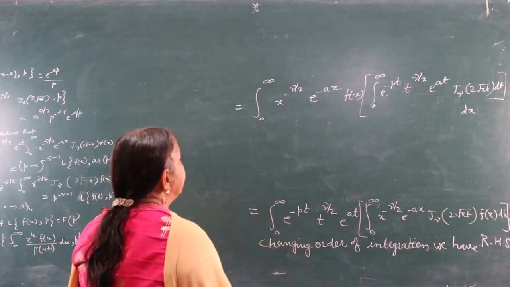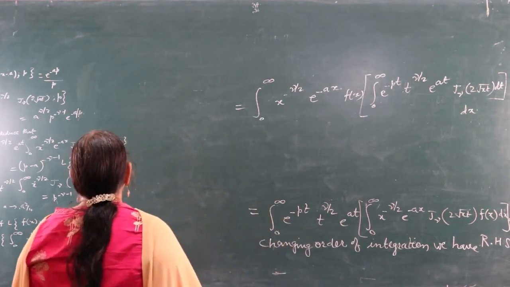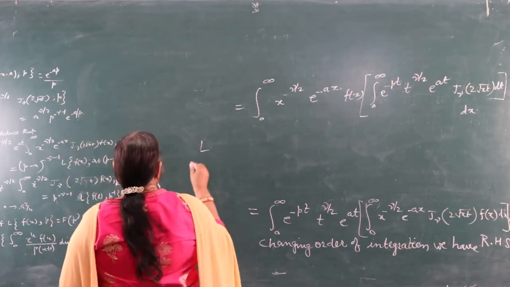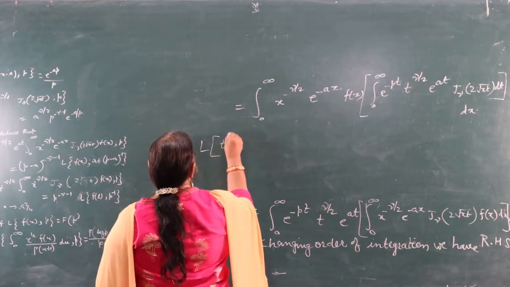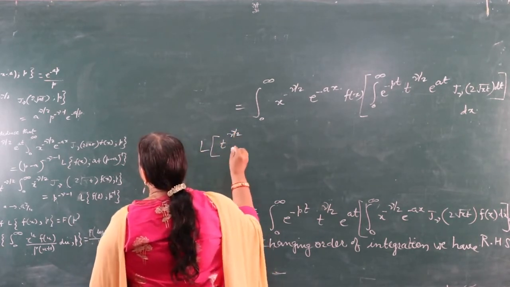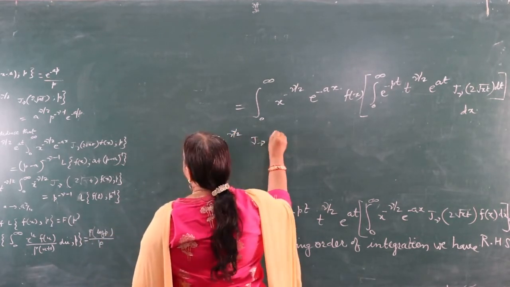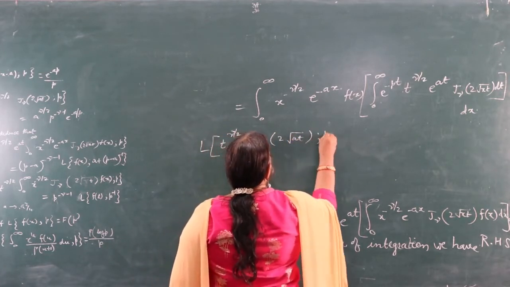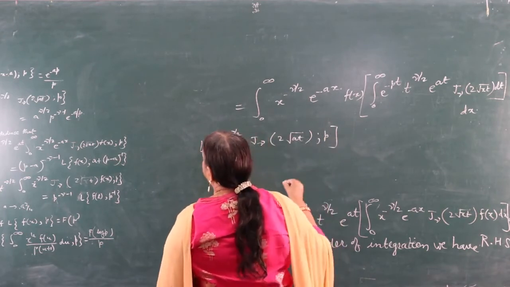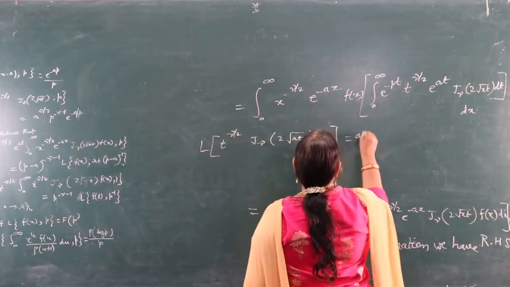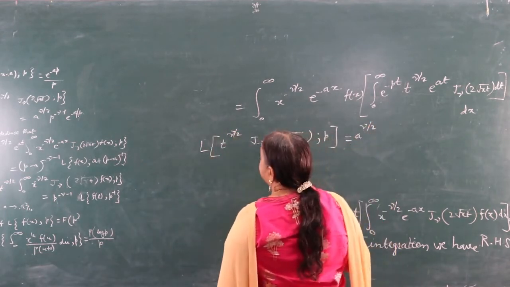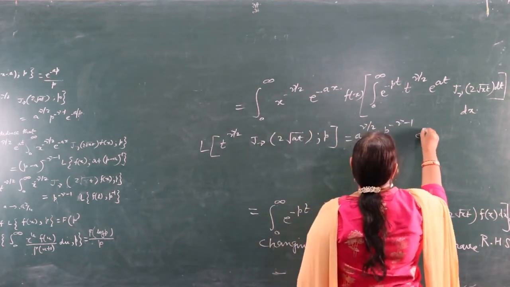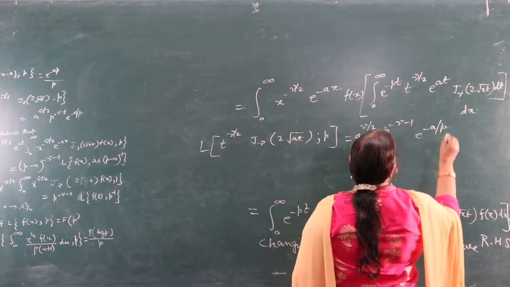If we compare with the result what we have proved, that Laplace transform of t raised to power nu by 2 J nu 2 under root at p, this we have proved is equal to a raised to power nu by 2 p raised to power minus nu minus 1 e raised to power minus a by p.